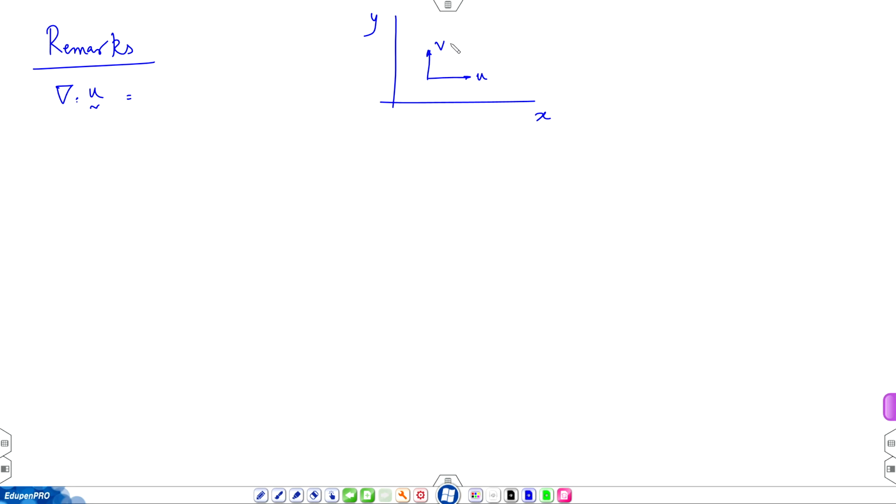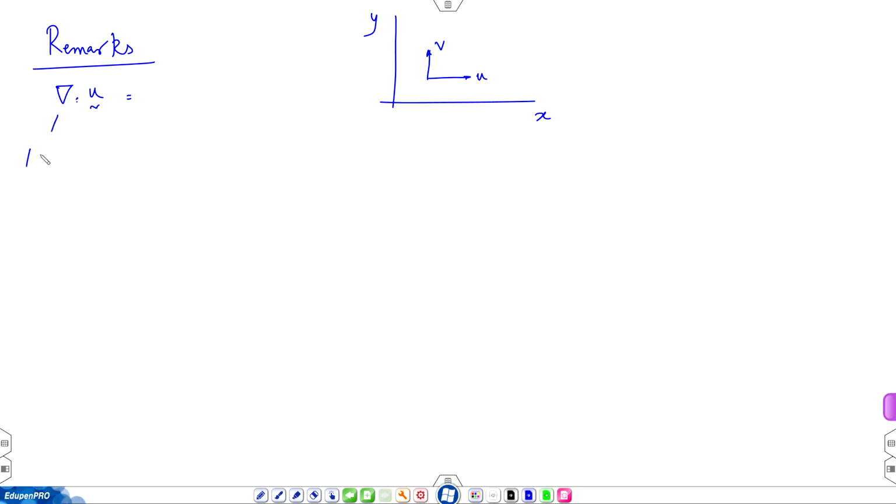So, del dot u you know how to evaluate. You can try your index notation if you wish, or show components. How do you multiply them? Suppose you use matrix notation.